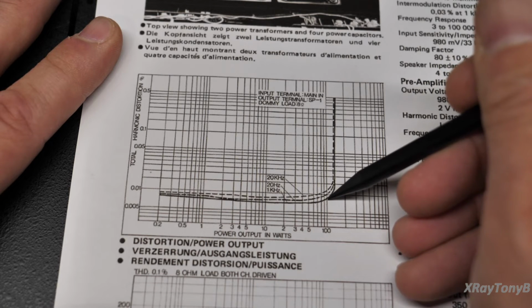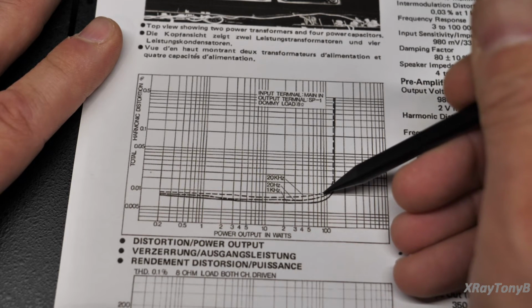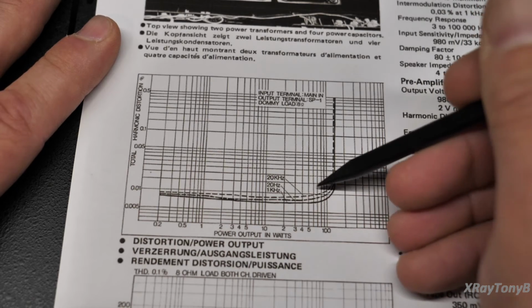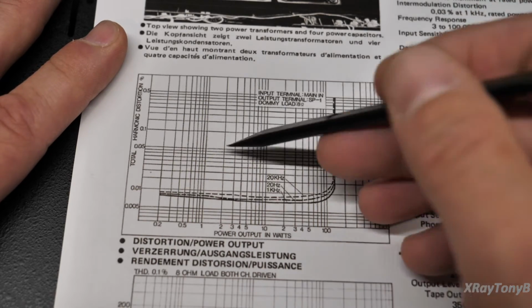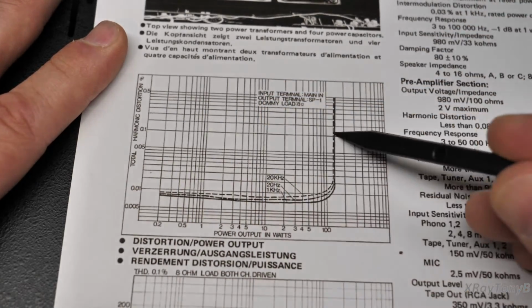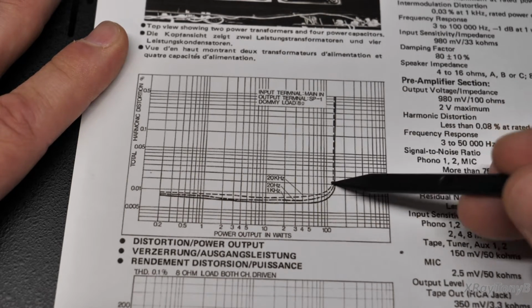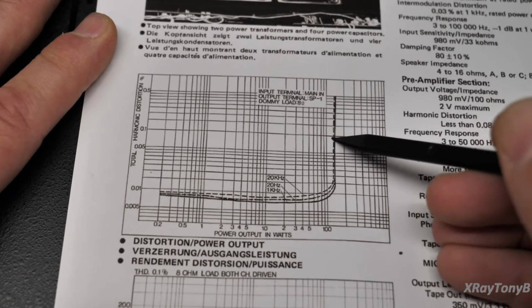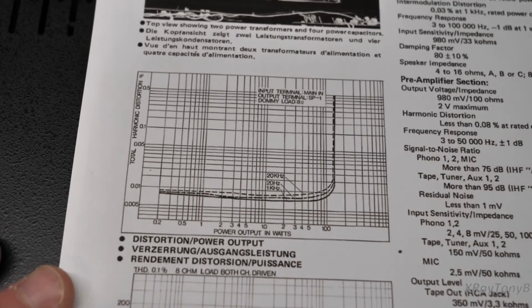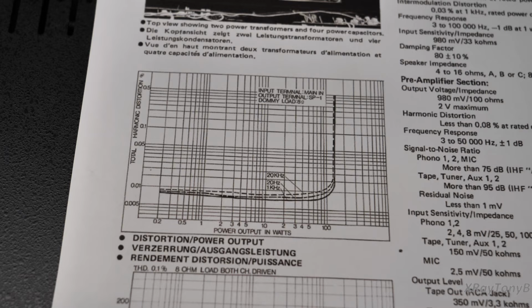And even at 100 watts, you can see it just starts to cross that threshold of 0.01. But it doesn't get anywhere near 0.1% until you get through that 110 watt per channel power rating. So this amplifier is not performing up to the standards that it should.